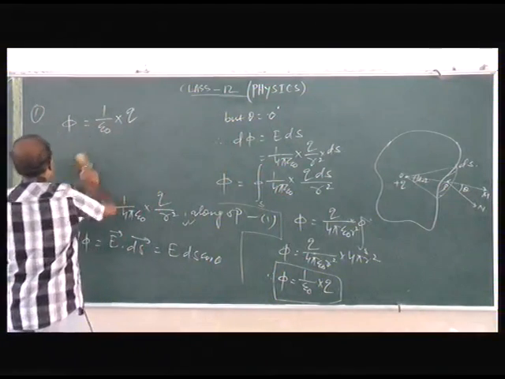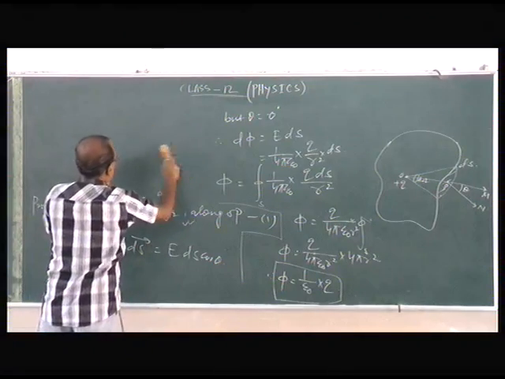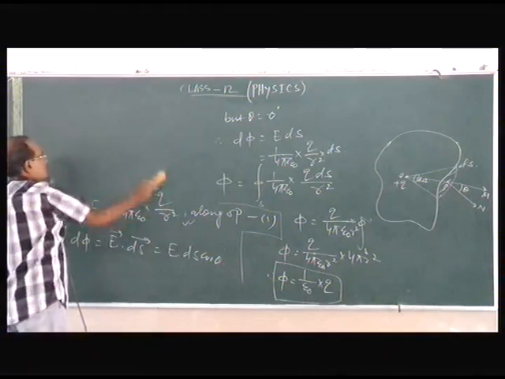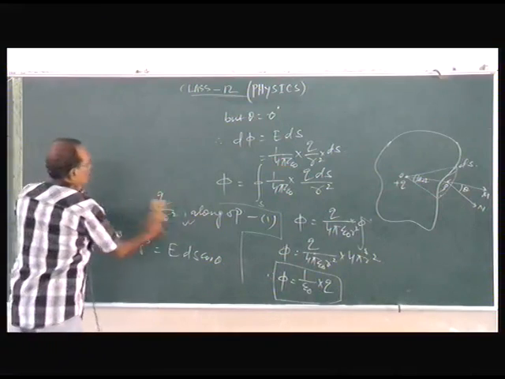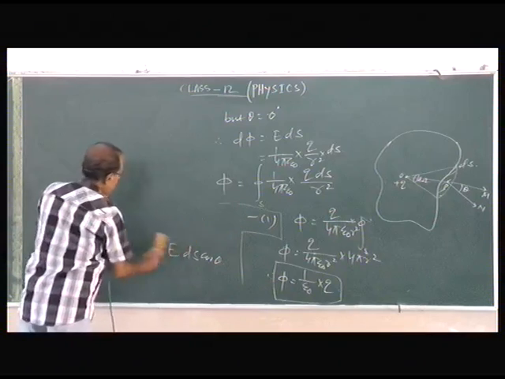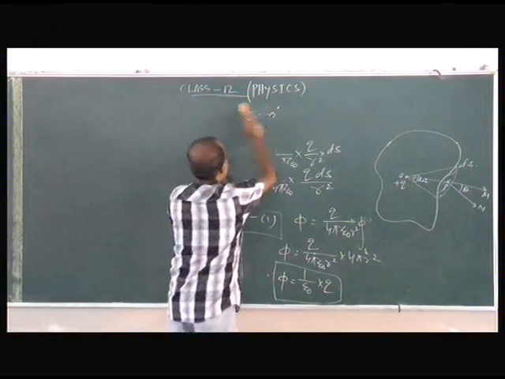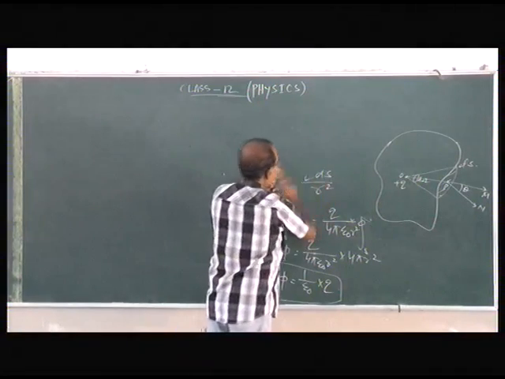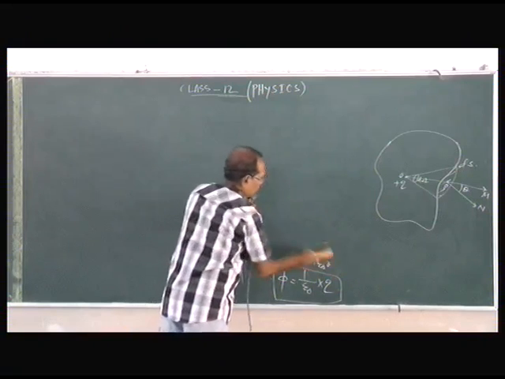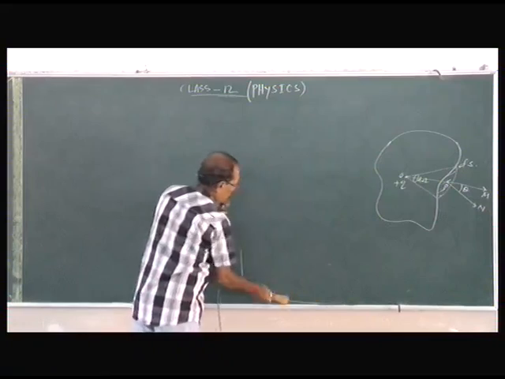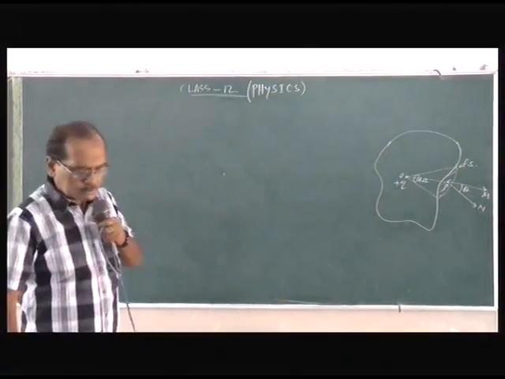The statement is the same. The total electric flux through a closed surface is 1 by epsilon naught times the total charge enclosed by the surface, that is phi is equal to 1 by epsilon naught into q. Now in this case also, up to electric intensity it is the same.